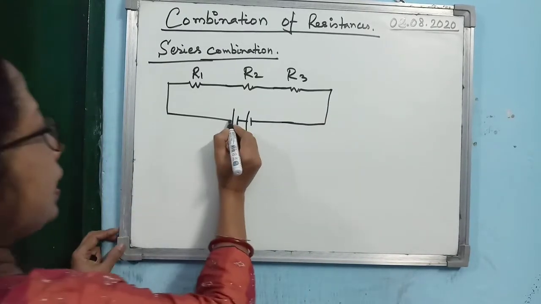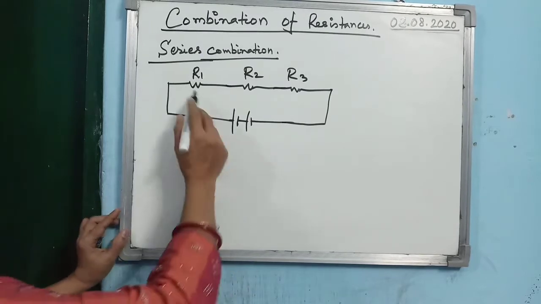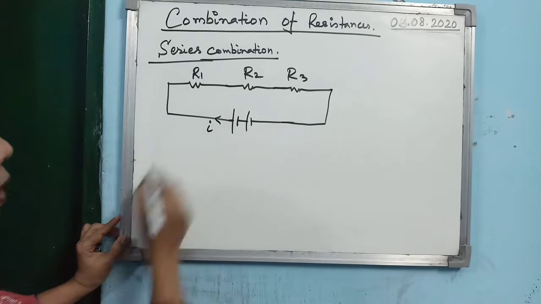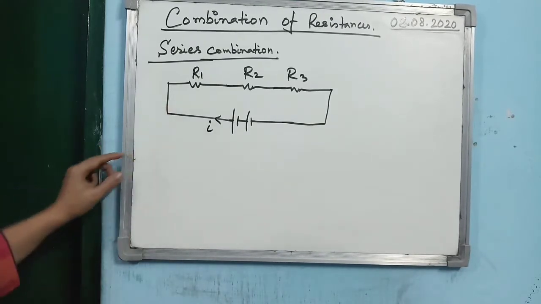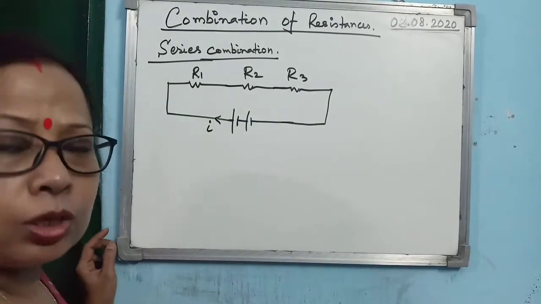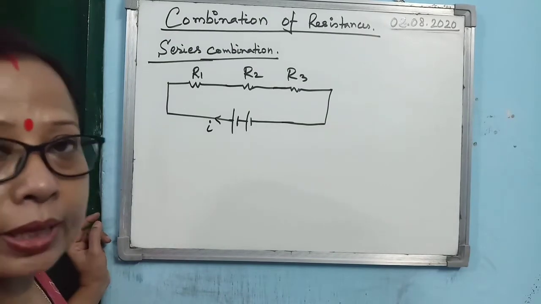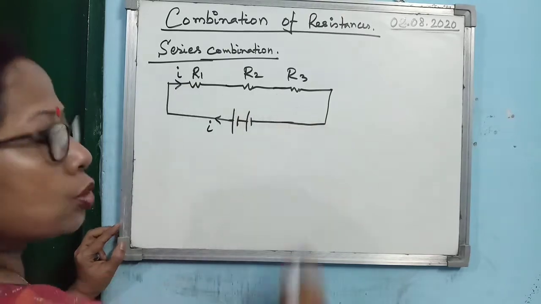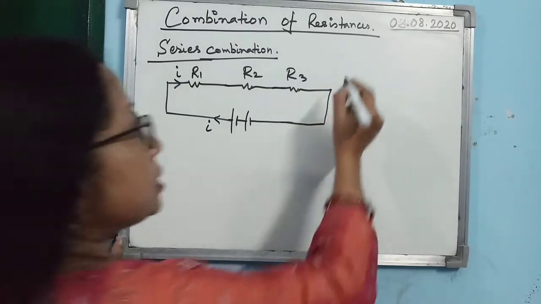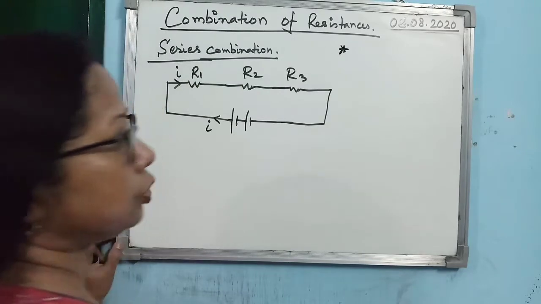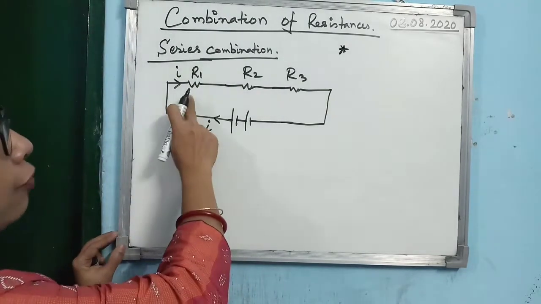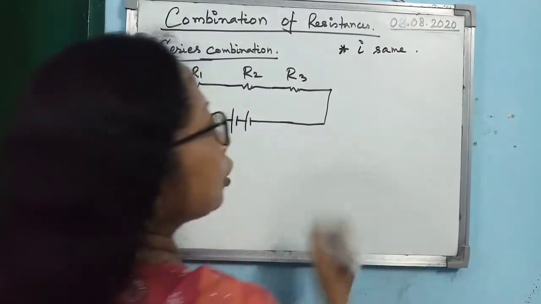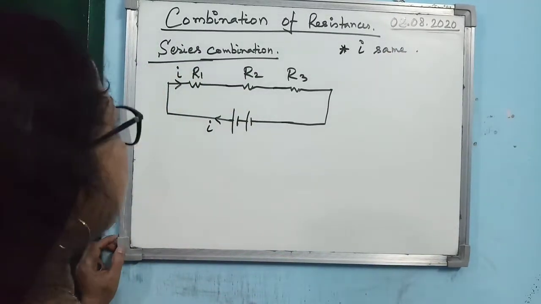In a series combination, from the positive terminal of the battery the current comes out, and there is only one path. So the same current will pass through all the devices. This is the most important point you have to remember: for series connection, current is the same for all the components connected in the circuit.